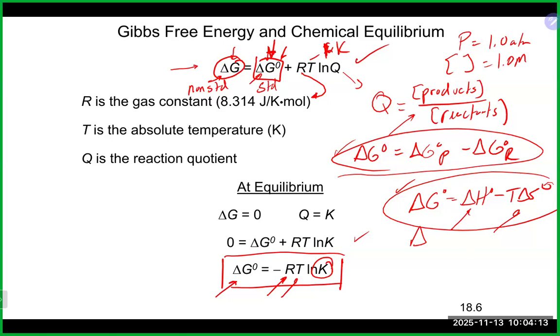Or maybe you're asked to calculate delta H or delta S first, and then you could go into that equation. Anything having to do with an equilibrium constant, you should use the one at the bottom here. And for non-standard conditions, that is what you should use there. So think about what's going on in the problem and pick the right formula that will work with it. Questions on that?